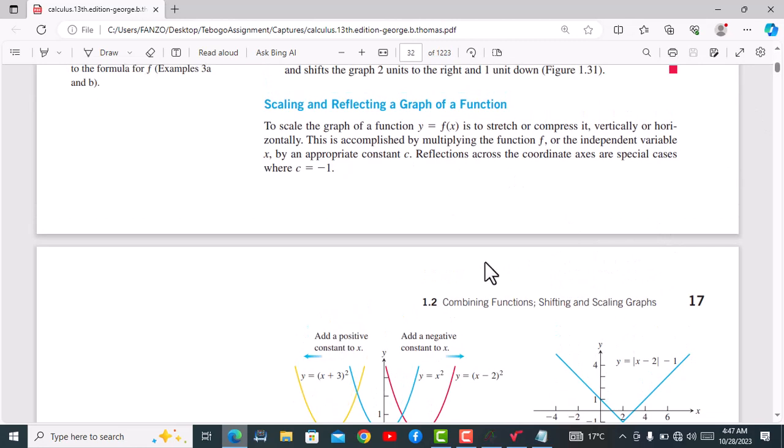Scaling and reflecting a graph of a function. To scale the graph of a function y equals f of x is to stretch or compress it vertically or horizontally. This is accomplished by multiplying the function f or the independent variable x by an appropriate constant c.